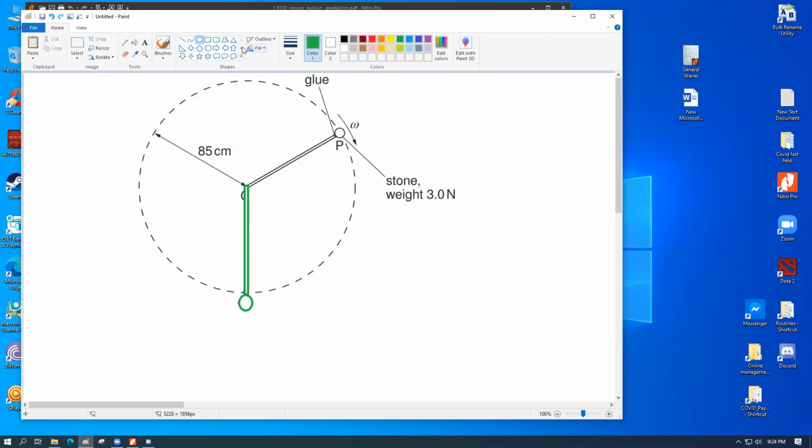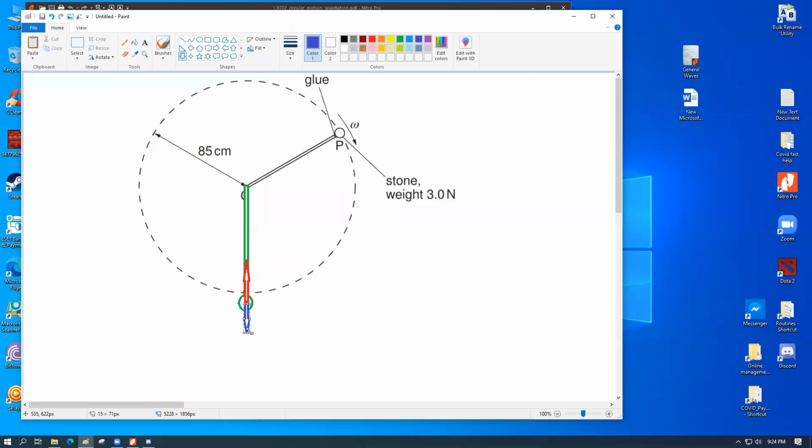Now, try to understand. To have the circular motion happening at the lowest position, the centripetal force should work upwards. So let's say this is the centripetal force. And the weight is by default a force that will always work downwards. So let's say this is the weight. Now the centripetal force should be provided from the tension of the glue sticking.